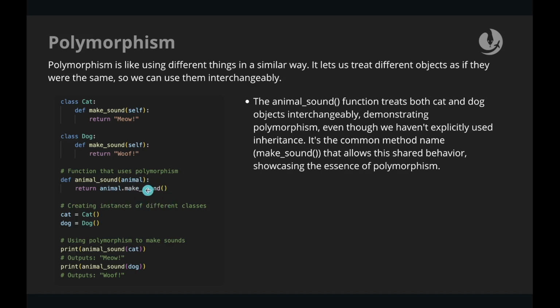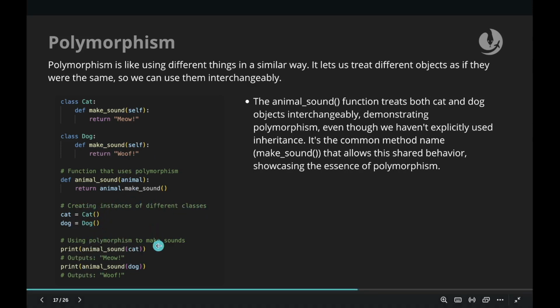And this is possible to do with the use of polymorphism because our classes cat and dog have the same method. So we can create instances of different classes, and then we can call the animal sound function where we pass the cat and we pass the dog. So now let's take a look at how this will work in Visual Studio Code.